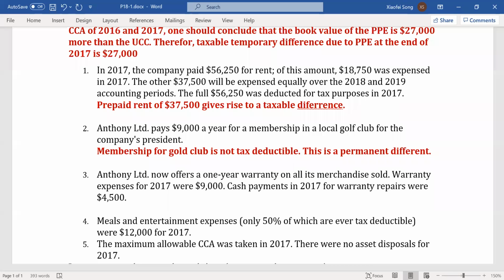Number 3, Anthony now offers a 1-year warranty on all its merchandise sold. Warranty expense for 2017 was 9,000. Cash payments in 2017 for warranty repairs were 4,500. As we said, tax accounting is more like cash accounting, whereas financial reporting is more accrual accounting.